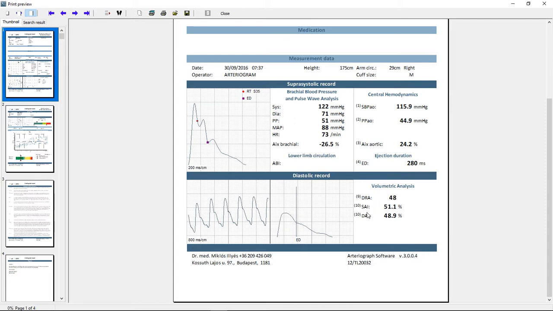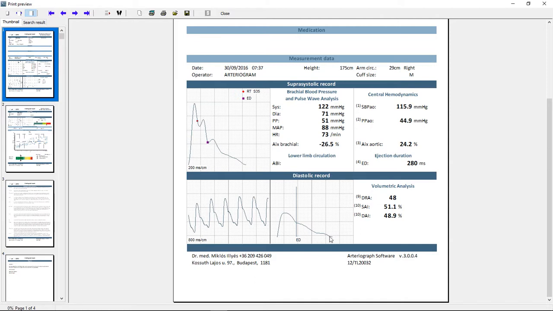We have three parameters describing the diastolic pressure recording: diastolic reflection area, systolic area index, and diastolic area index. The diastolic reflection area gives you information about the pressure in the diastole and the duration of the diastole. Because the left coronary artery is perfused mostly in the diastole, pressure conditions play an important role in the left coronary filling conditions.